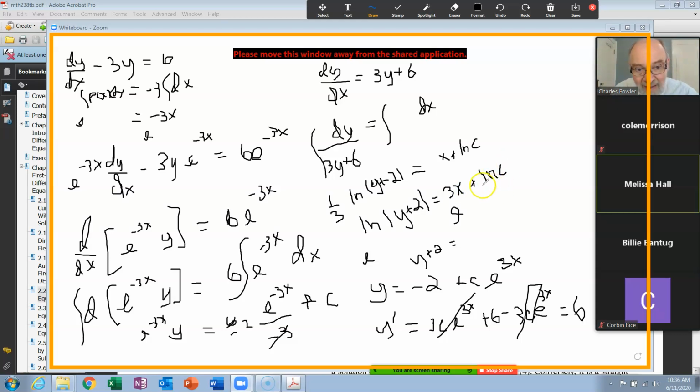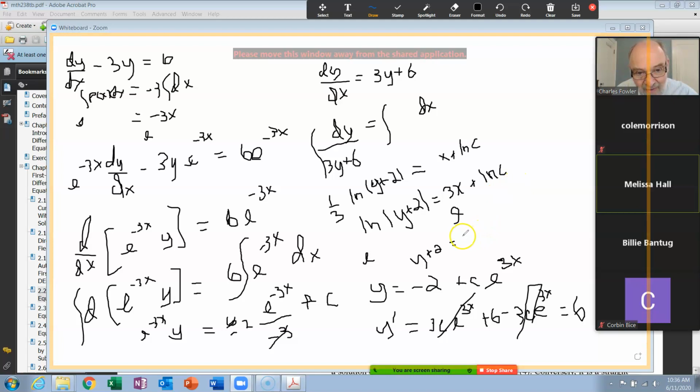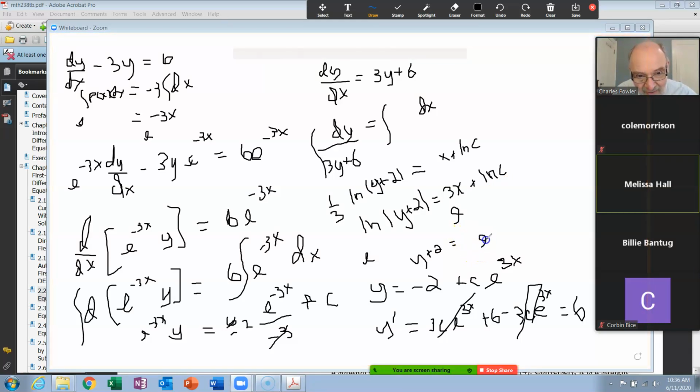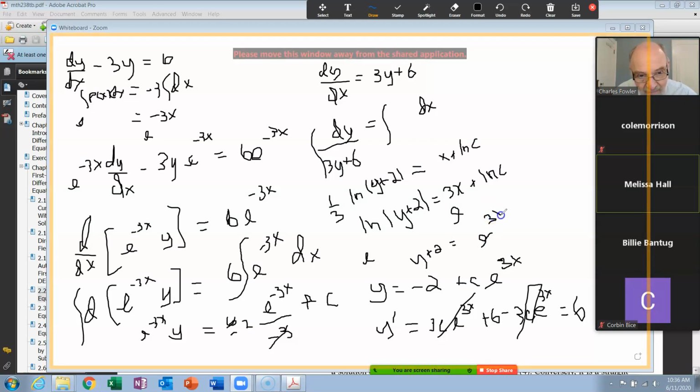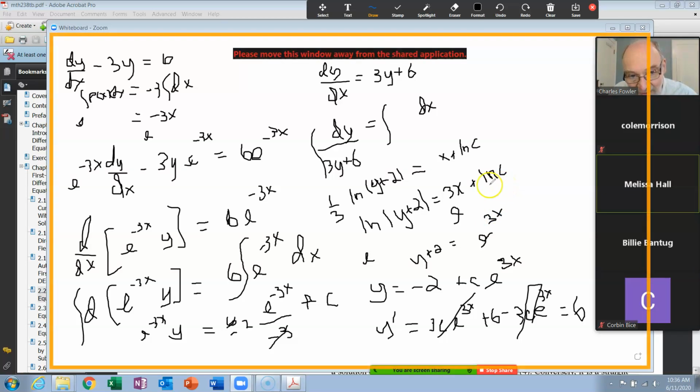Plus log c, which is c is now c cubed or whatever. And then this would be e to the 3x. Down here, this is e to the 3x, times e to the log c, which is just going to be c, and then subtract 2 from both sides.